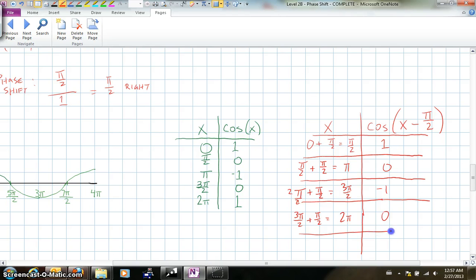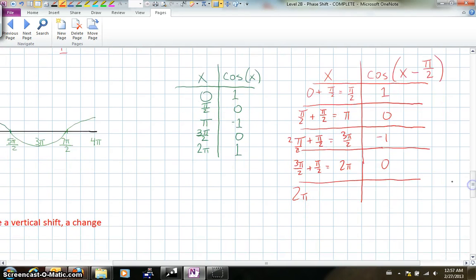And lastly, we've got 2 pi, moving that pi over 2 to the right. So let's get a common denominator. I would need to make that 4 pi over 2. So that adds together, gives me 5 pi over 2 at 1. So these are my 5 coordinates.